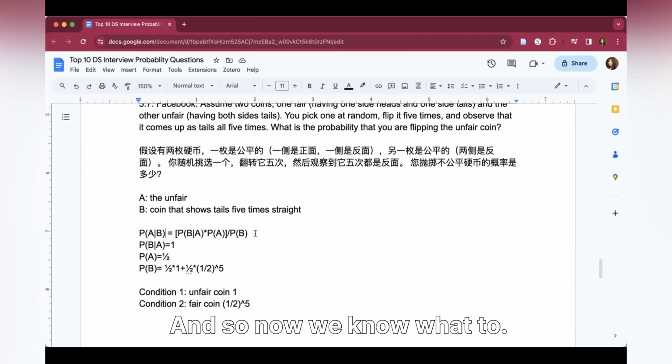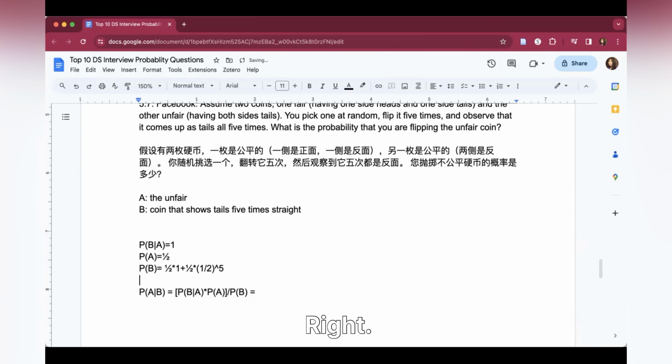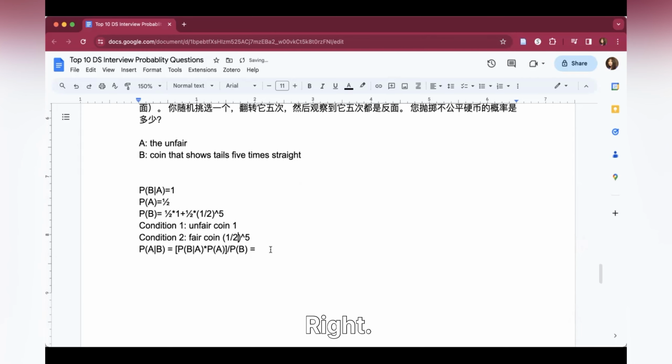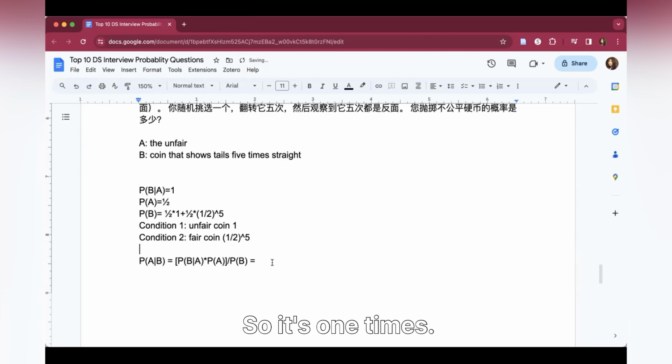And so now we know what to write. It's 1 times the probability of A, divided by the probability of B, which is this.